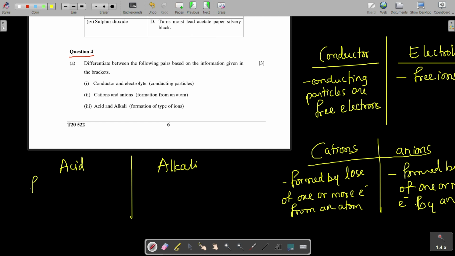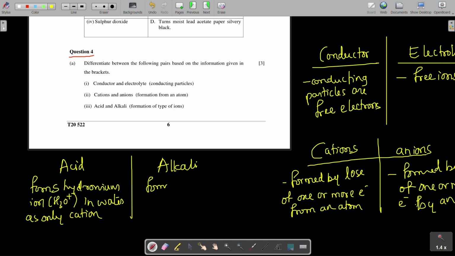Acid forms hydronium ion, that is H3O plus, in water as the only cation. There should be no other cation. Whereas alkali forms hydroxyl ion, that is OH minus, in water as the only anion.